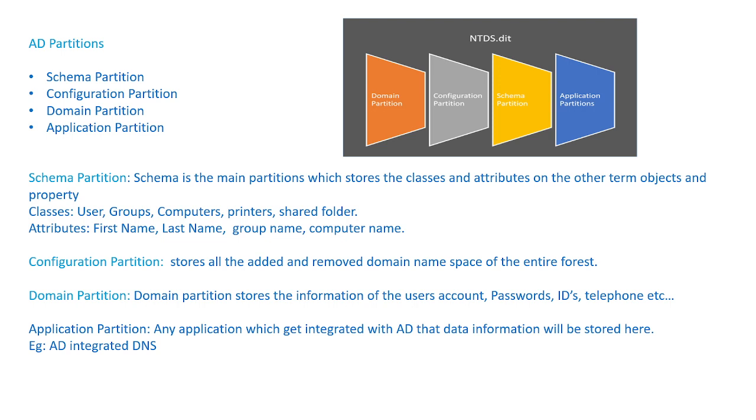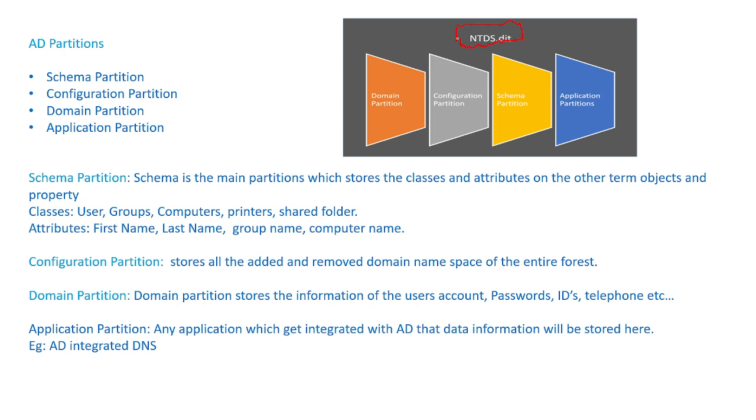So when I say Active Directory partitions, this is about the Active Directory database. This Active Directory database is called ntds.dit. You can see this picture here. Here you have a file called ntds.dit. This is your main Active Directory database file.